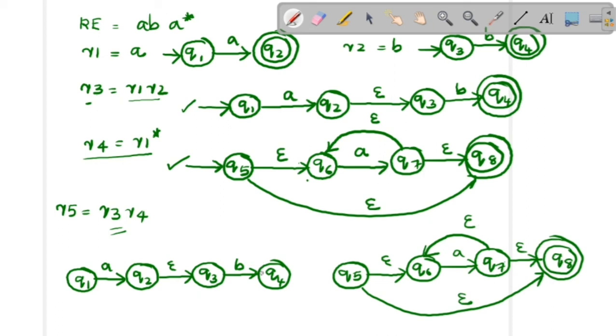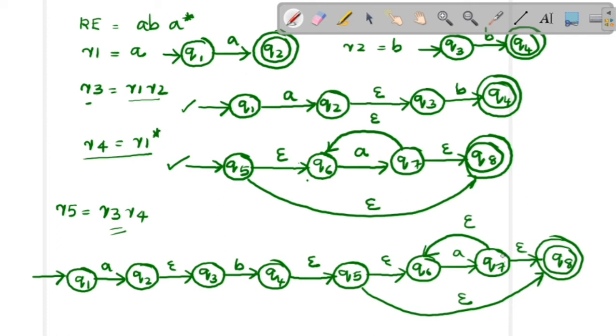Then we combine the epsilon NFA for R3 and R4 using epsilon transition. That means there is a transition from Q4 to Q5 over the string epsilon. Then Q1 is the initial state. Okay, so this epsilon NFA can accept A followed by B, then any number of A's.